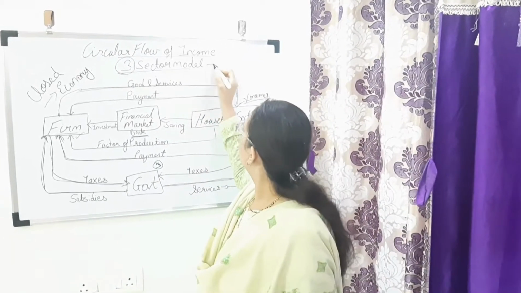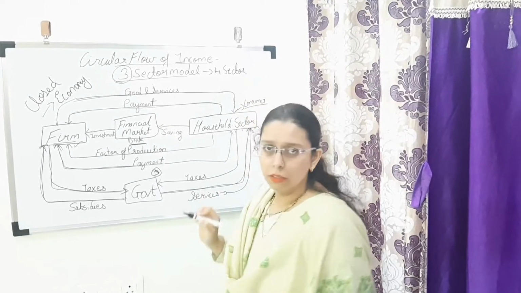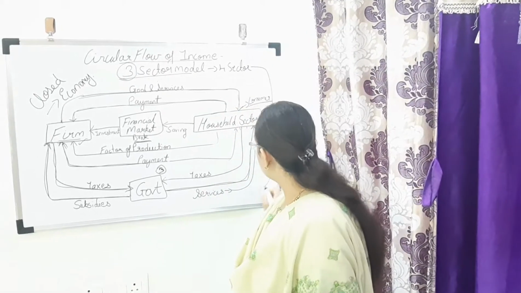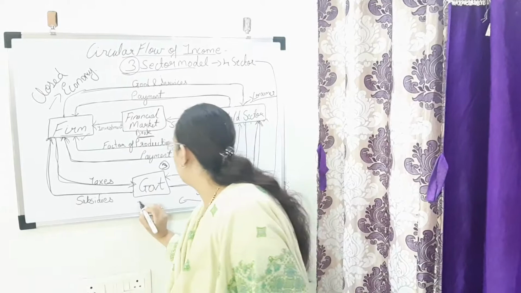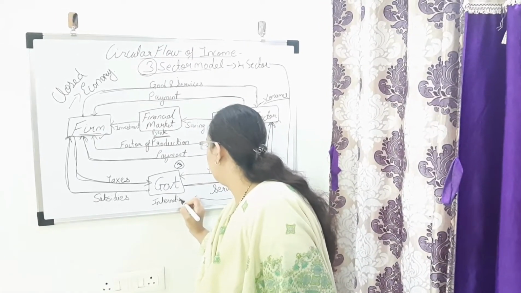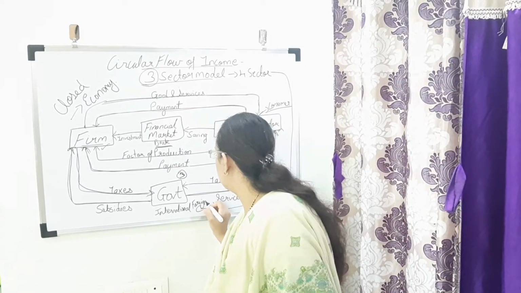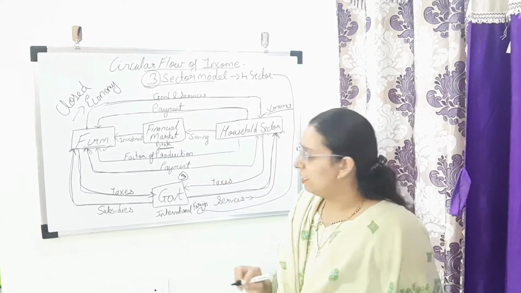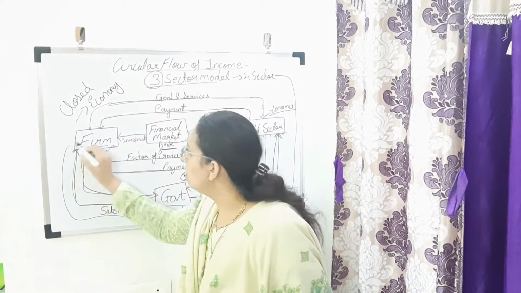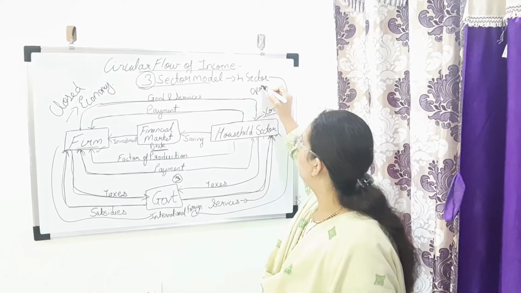Now we'll see the fourth sector model. Under the fourth sector model, next comes international countries, foreign countries. So when this comes into the picture, it is called an open economy.